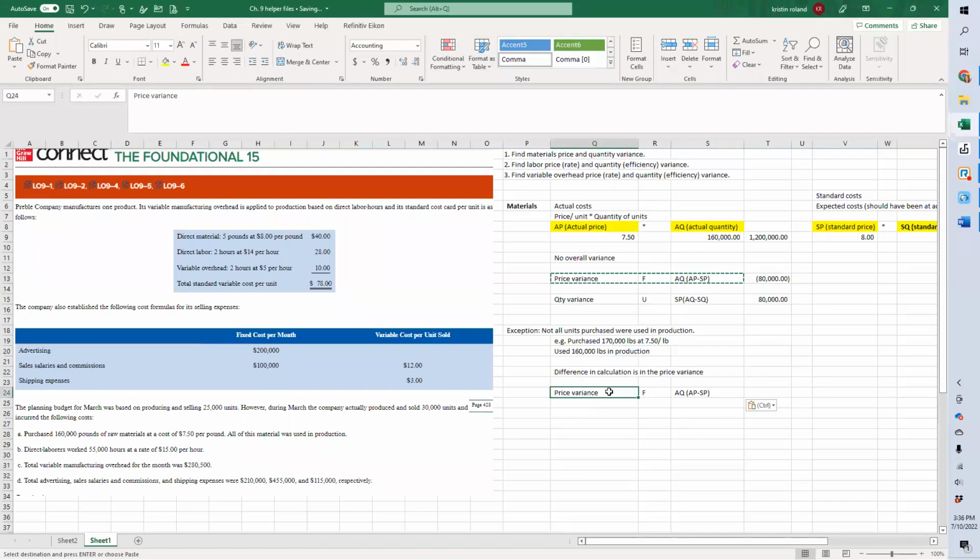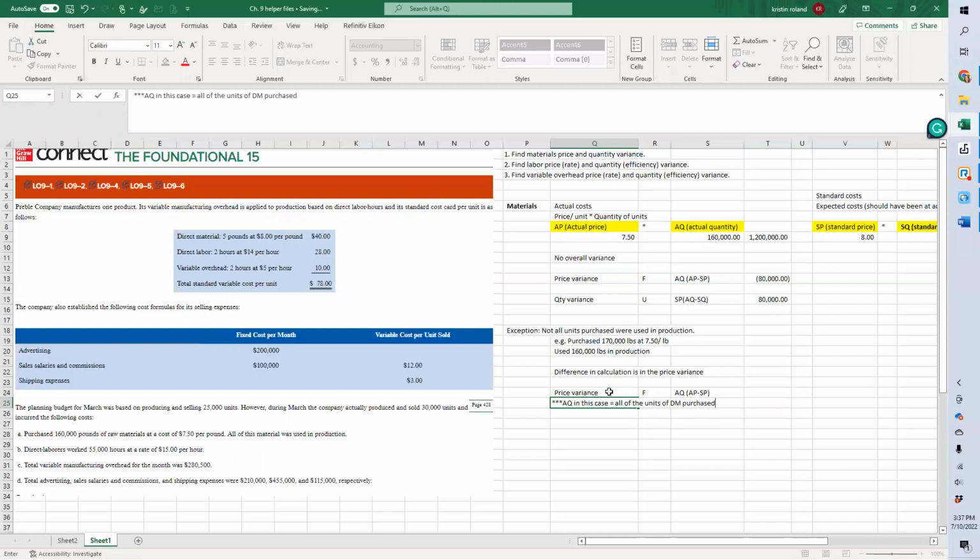We want the price variance to reflect the difference in price that we paid for all goods, not just the ones that we used. So you want the AQ to equal all of the units of direct materials purchased, not just those used.